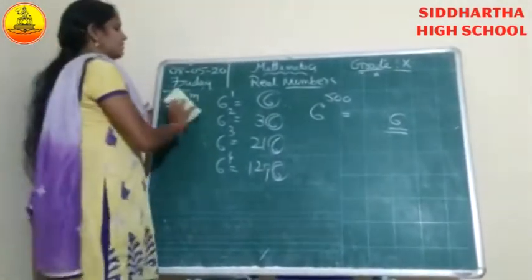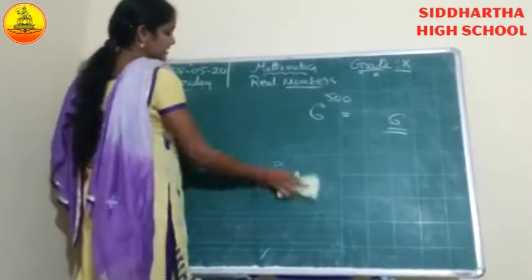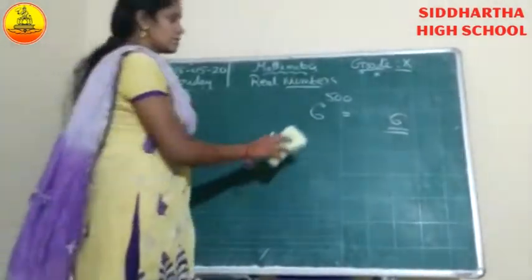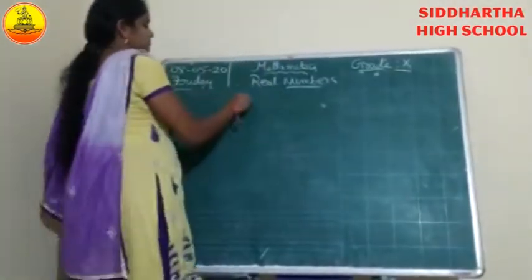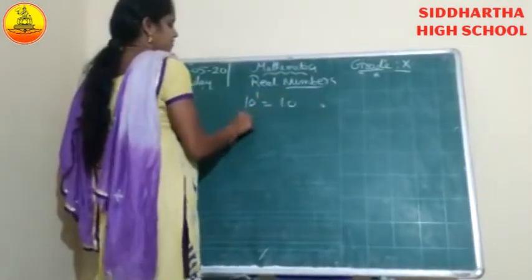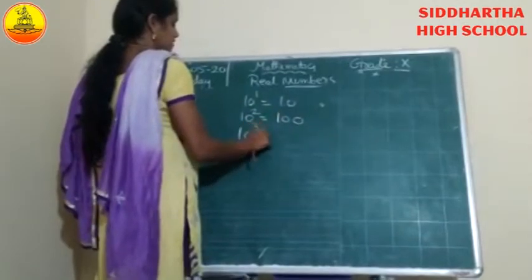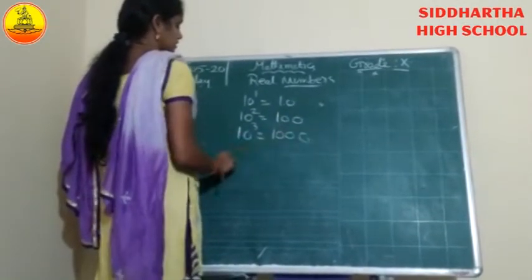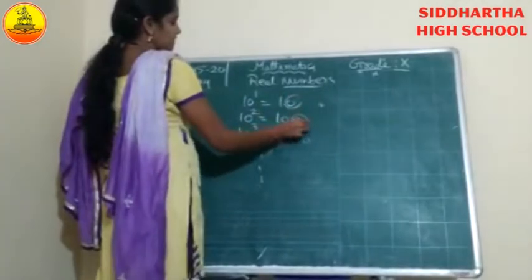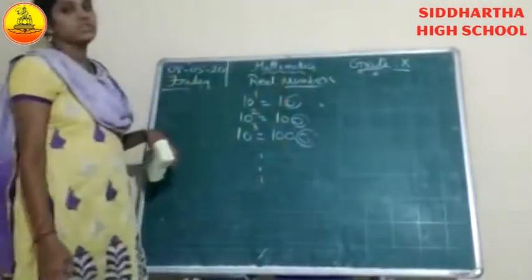Understood? In the same way, for 10 also we can say: 10 power 1 is 10, 10 power 2 is 100, 10 power 3 is 1000. So every time the digit in ones place is always 0.